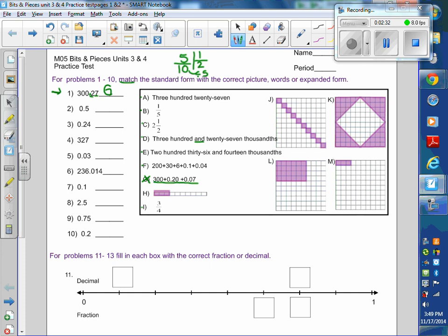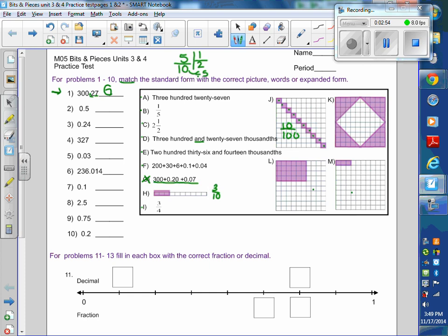So this right here, H is 3 squares out of 10. That's not 1/2. J is a hundredths plate, squares, 1, 2, 3, 4, 5, 6, 7, 8, 9, 10 out of 100. That's not 1/2.